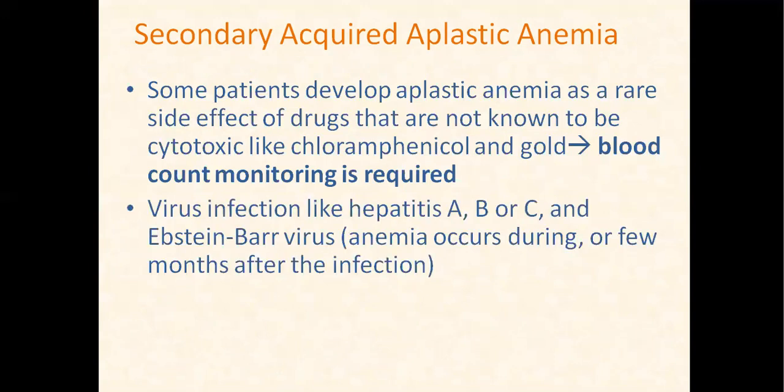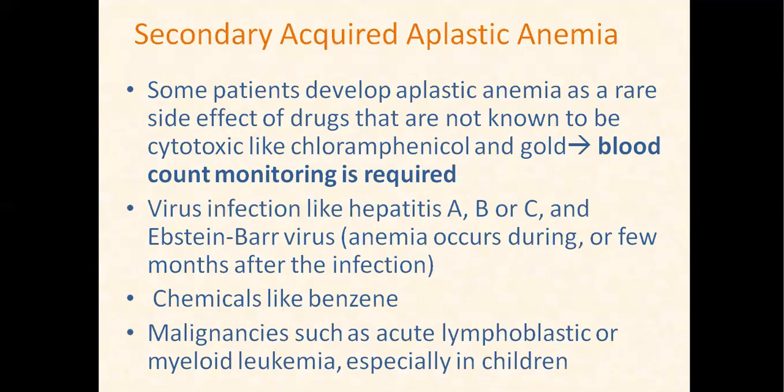Viral infections like hepatitis A, B, and C and Epstein-Barr virus: the anemia occurs during or a few months after the infection. Chemicals, as we said, like benzene, and malignancies such as acute lymphoblastic or myeloid leukemia, especially in children.